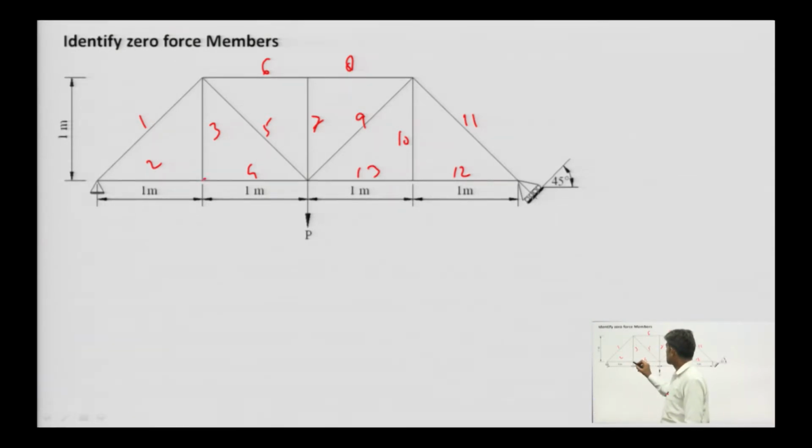Look here at this joint, member 2 and member 4, both members are collinear, right, and member number 3 is perpendicular to this. Since 2 and 4 are collinear, that is why member 3 will not have any force. Okay.